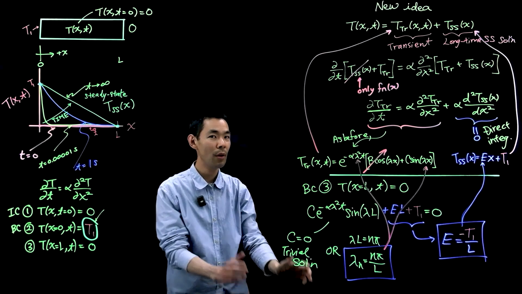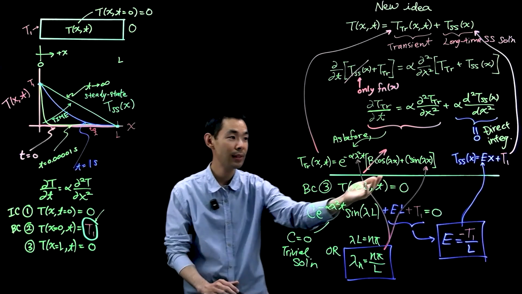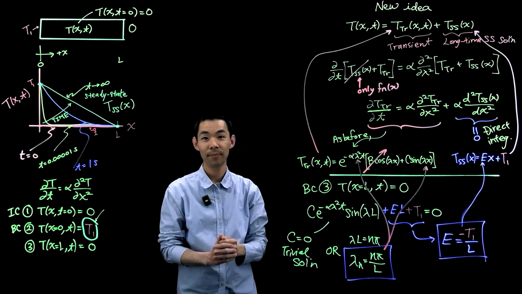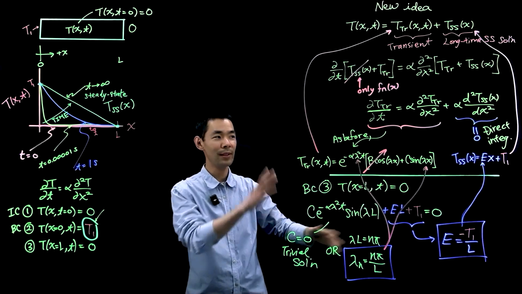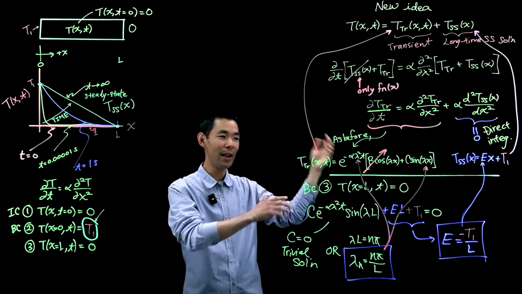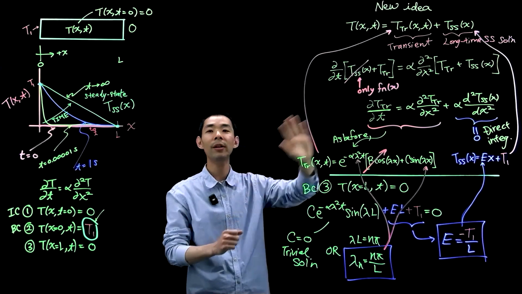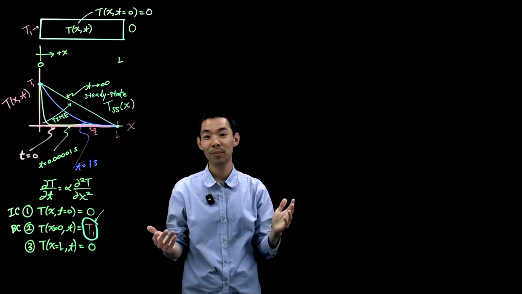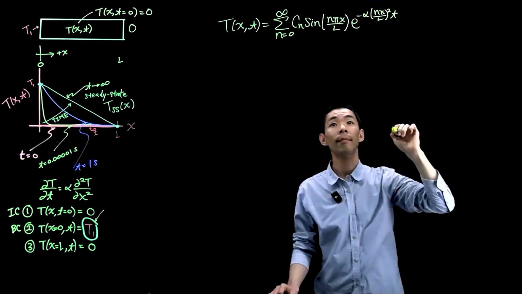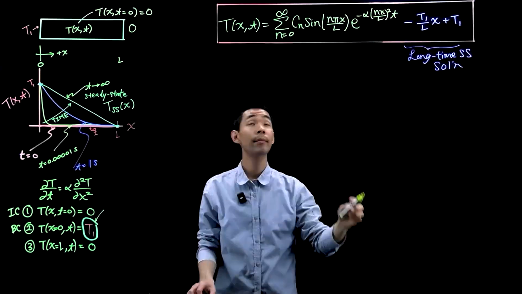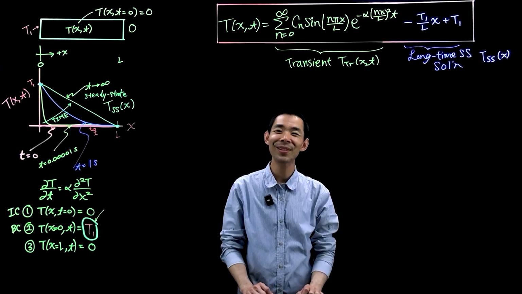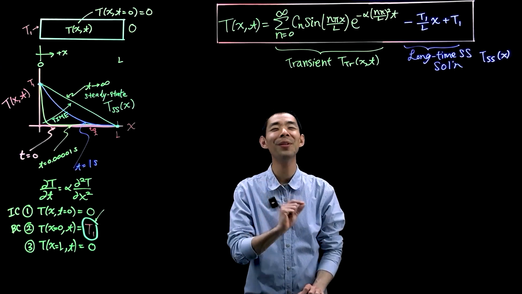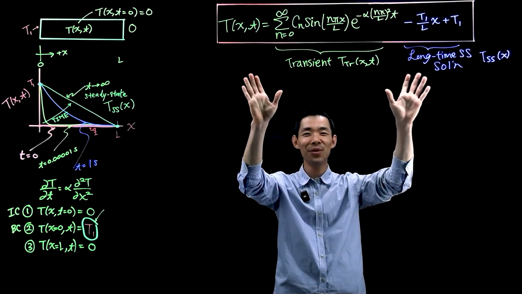Okay? So all that we're left with is this constant C. So let's clean this up because this is making me a little bit nauseous with arrows and everything going on. I'm going to clean this up and we'll find the values of C to complete the problem. Okay, we're almost done with our problem. We're so close. We have this solution.